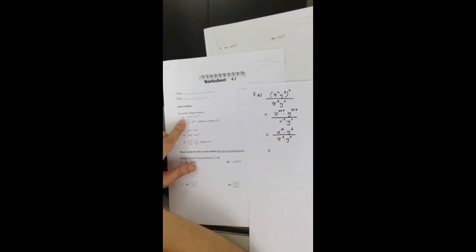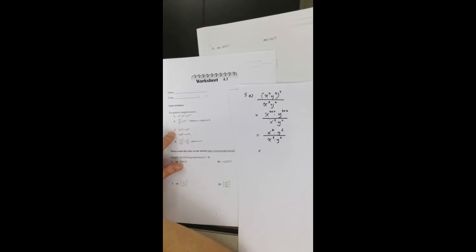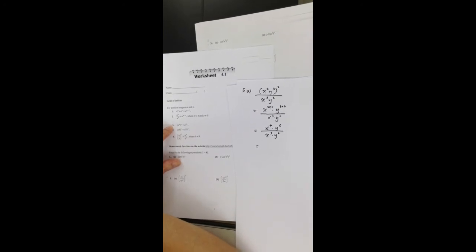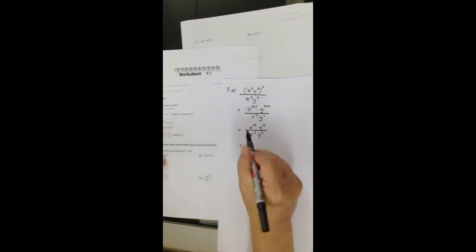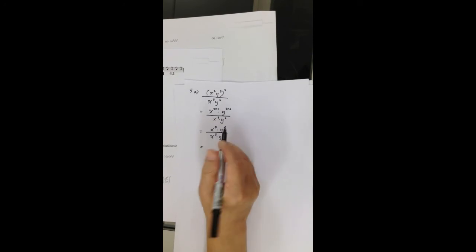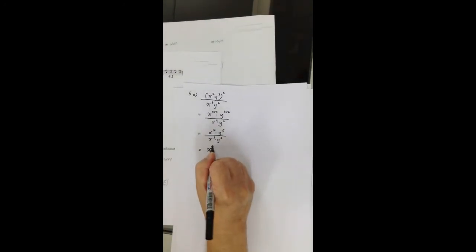Is it number 1, number 2, or number 3? I'll give you 3 seconds. Okay, the answer is number 2. We have to simplify this one first: x to the power 4 over x to the power 3. We have formula 2: x to the power 4 minus 3. Very good.